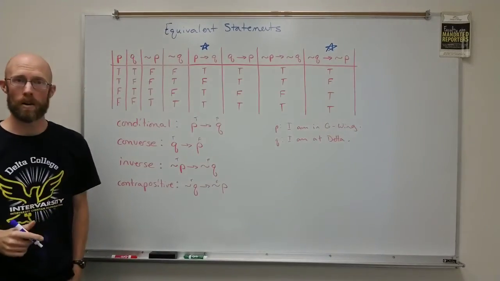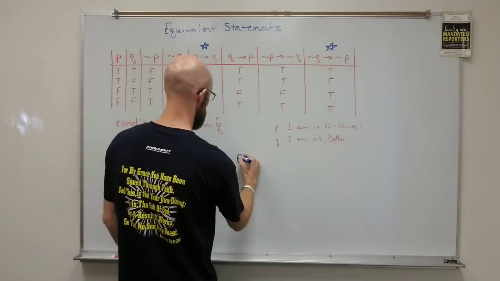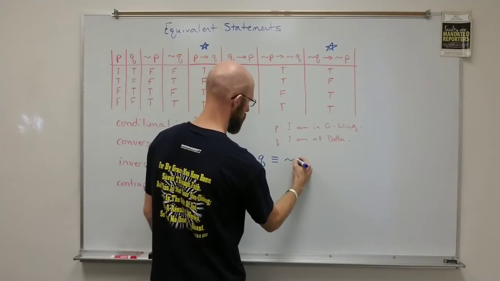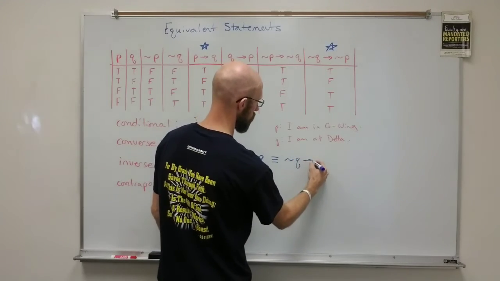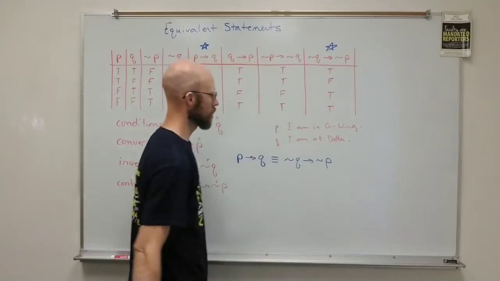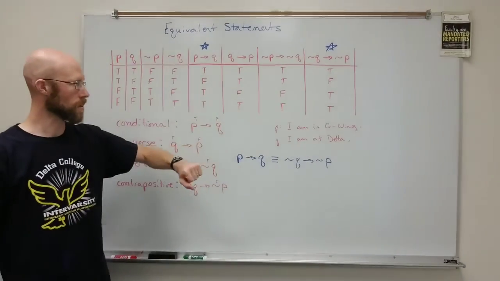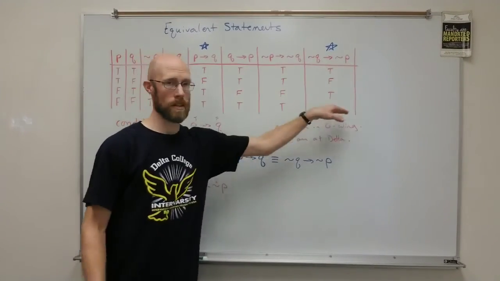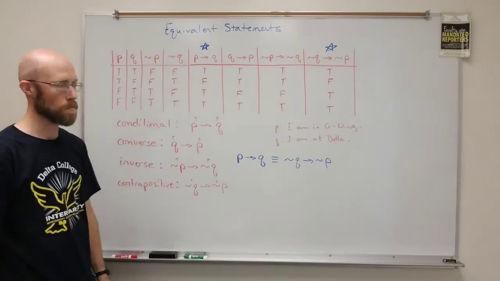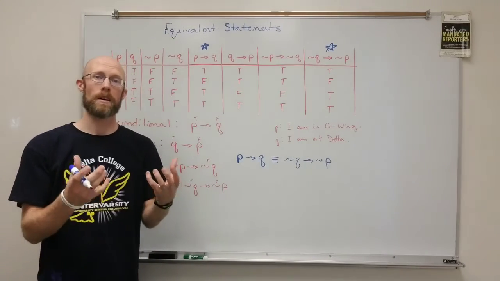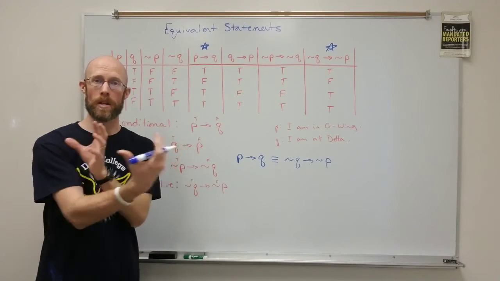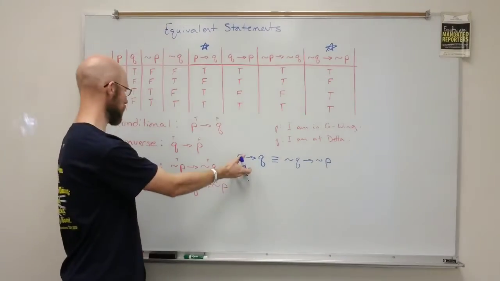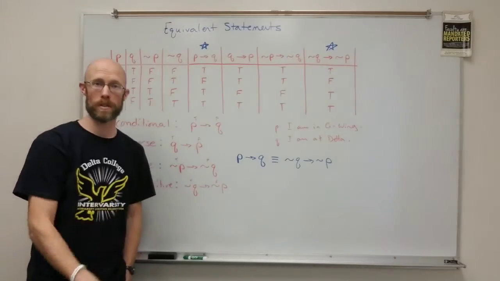Those two are equivalent, so we can say that if P then Q is equivalent to if not Q, then not P. And that kind of makes sense with the example I have here. If I am in G wing, then I'm at delta. If I am not at delta, then I'm not in the G wing, right? So the contrapositive of a statement, where you negate the antecedent and consequent and switch them around, they're always equal, right? A conditional and its contrapositive are always equivalent.